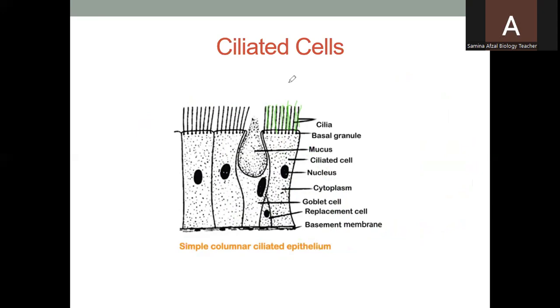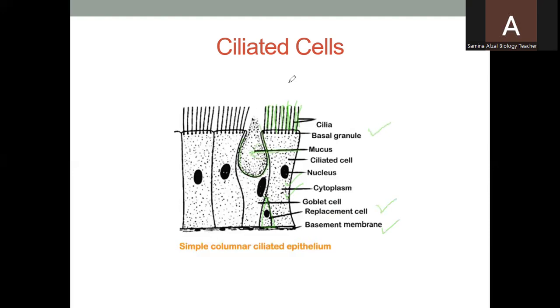Ciliated cells have a nucleus, cytoplasm, basal granule, replacement cell and basement membrane. Goblet cells are also there, and goblet cells produce mucin, which is an important component of mucus.